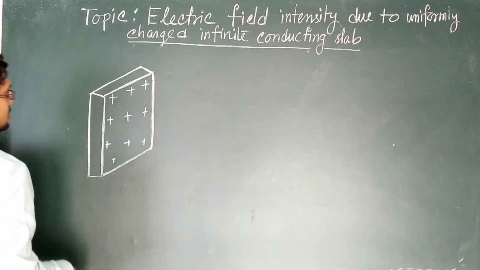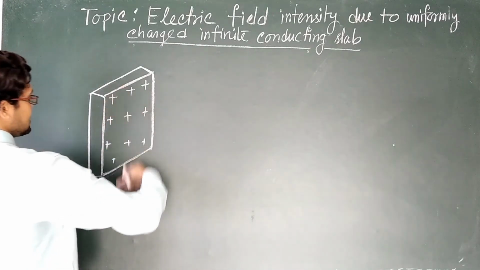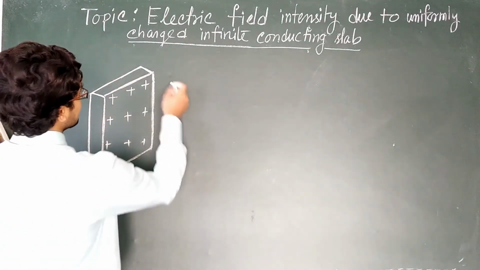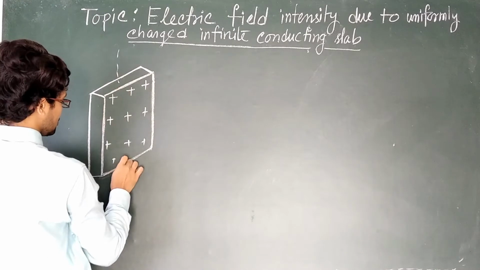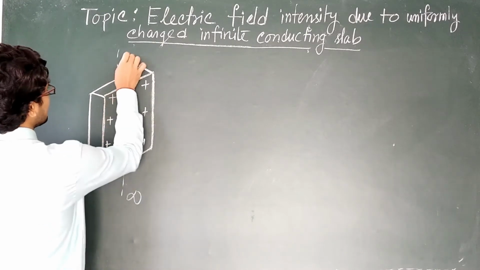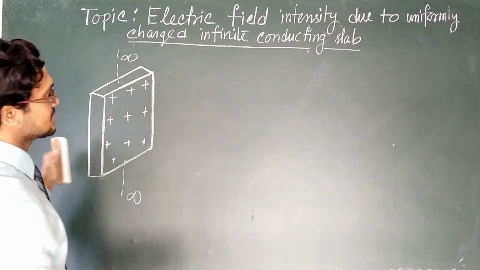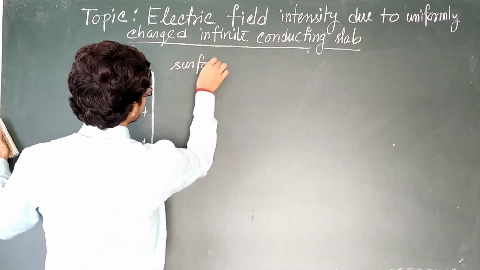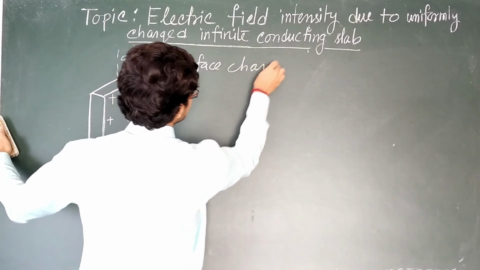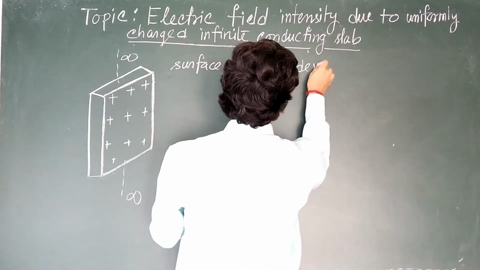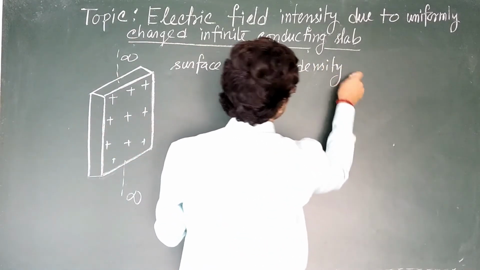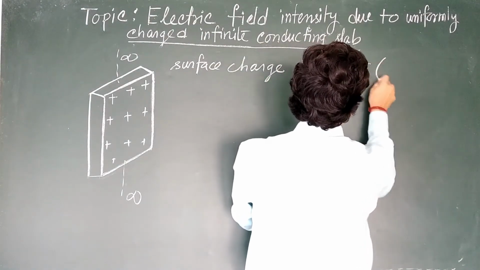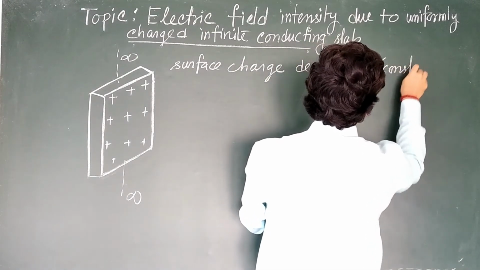Since the charges are lying on its surface and it is infinite, we do not know the total charge. We know the charge density, that is surface charge density, denoted by sigma, and it is constant.